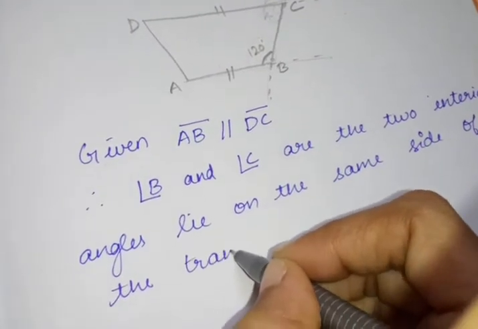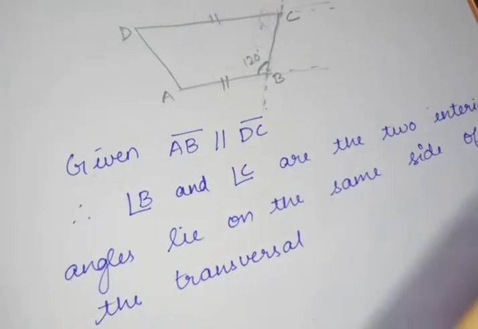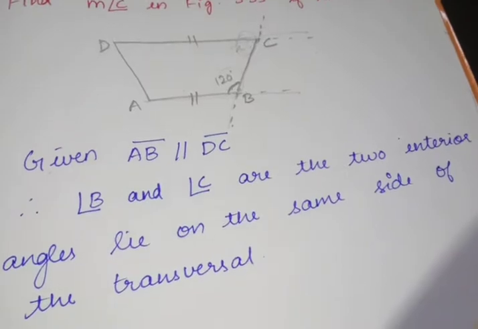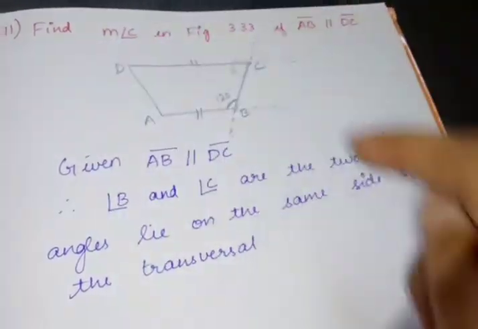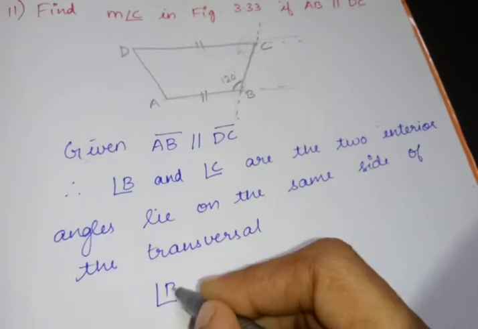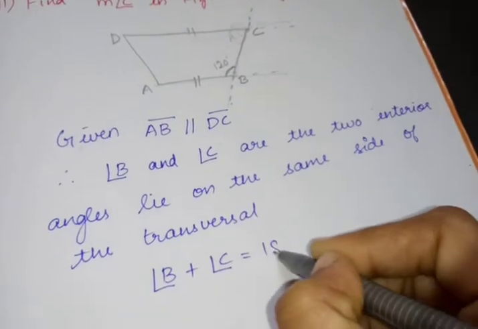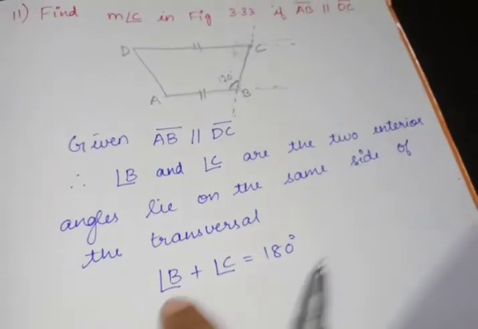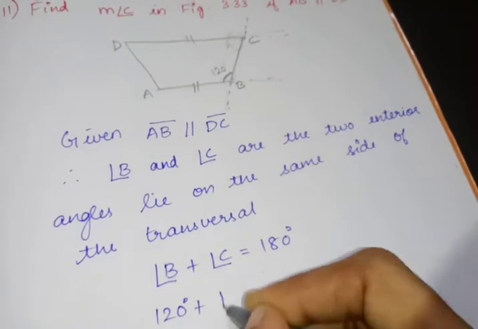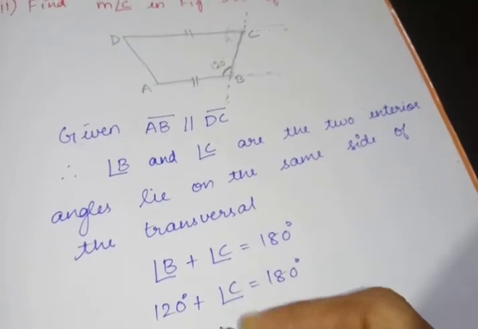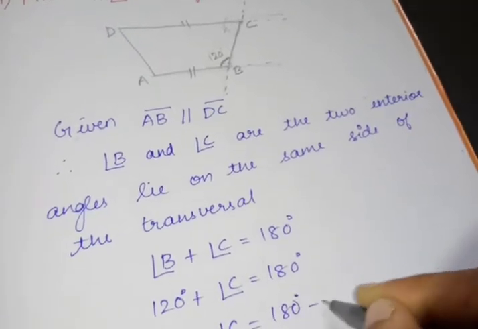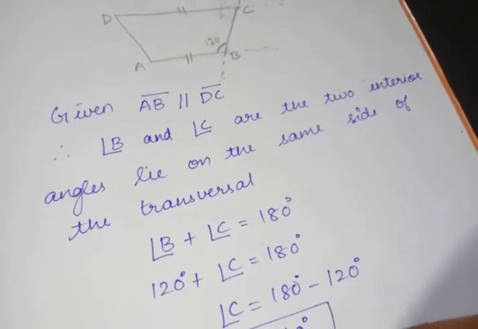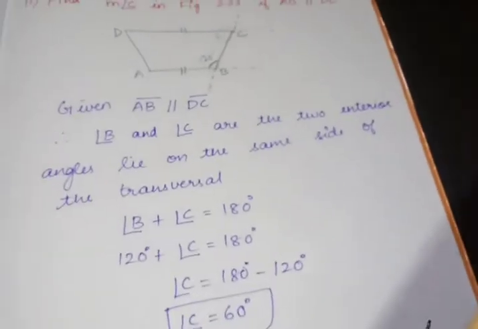Is it correct? If you add, angle B plus angle C is equal to 180. What is angle B? 120 plus angle C is equal to 180. So angle C is equal to 180 minus 120. So angle C is equal to 60 degree. Therefore, I have found the value of angle C.